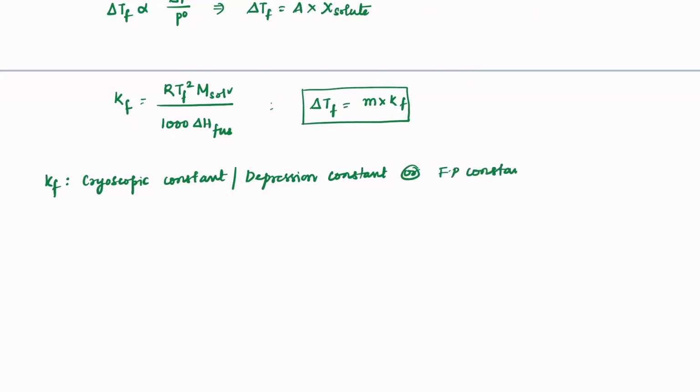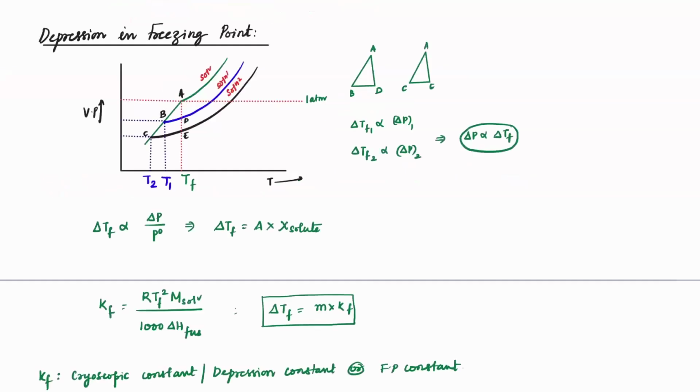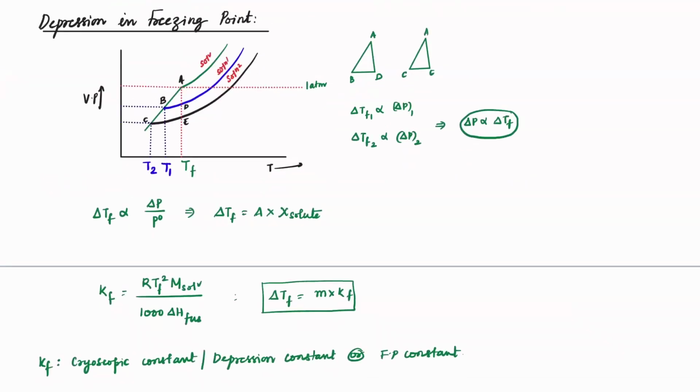These are all very similar terms to how we use it in boiling point. Now, I hope you got an idea of how the similar derivation can be applied to get this formula. Honestly, these derivations are not there for your syllabus. You just need to learn the formula and learn to apply that correctly.